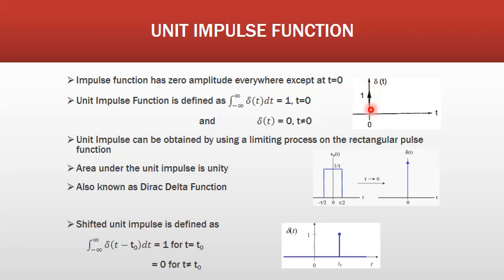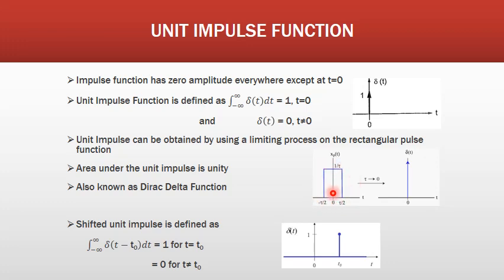The signal is shown in figure. See here, it has value only at t is equal to 0. Unit impulse can also be obtained by using a limiting process on the rectangular pulse function. The figure shows the rectangular pulse function. The width of the pulse is tau. The pulse varies from minus tau by 2 to plus tau by 2.